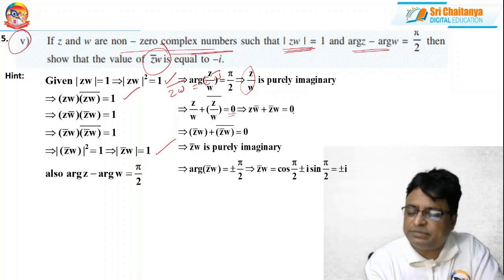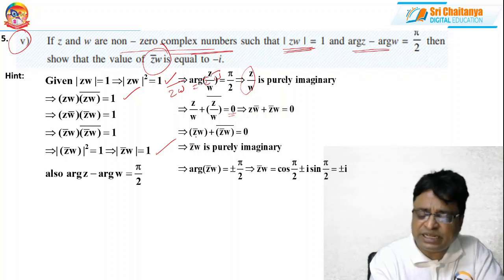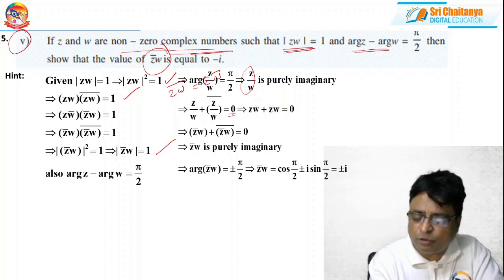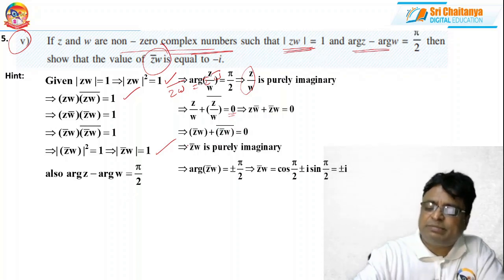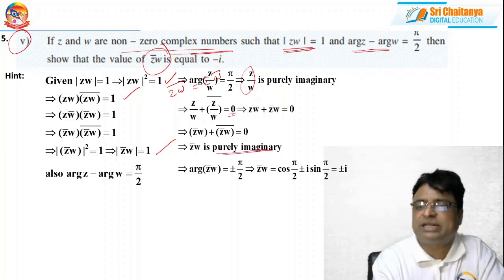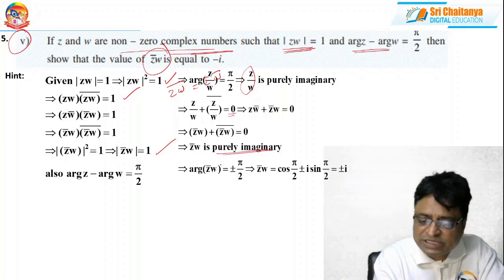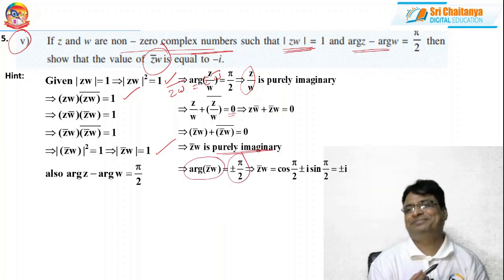By taking LCM, Z W bar plus Z bar W is equal to 0. Again, this I can write as Z bar W plus Z bar W whole bar equal to 0. The sum of a complex number and its conjugate is 0 only if the number is purely imaginary. That means argument of Z bar W is plus or minus pi by 2.